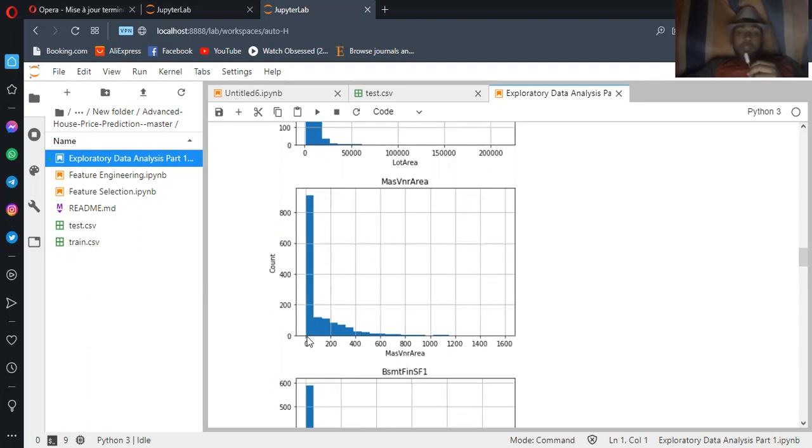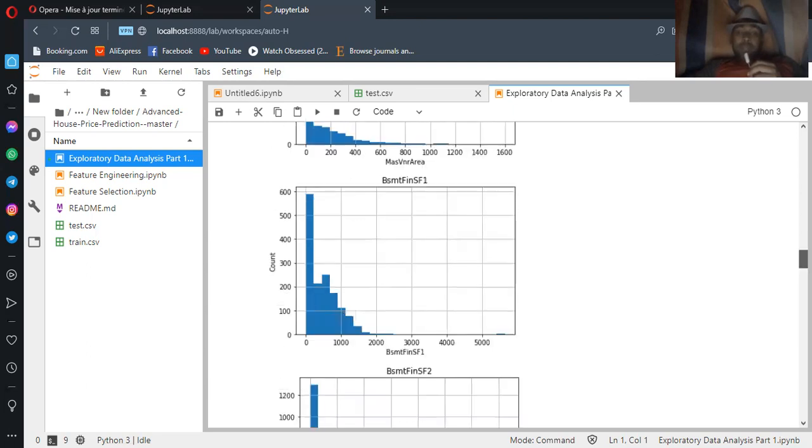Okay, this means it goes from zero to some other values, 0 to 20, 0 to 50 maybe. Okay, well, if we continue, we have BsmtFinSF1, so we have a distribution, how it is. Maybe logarithmic, the distribution looks like that.